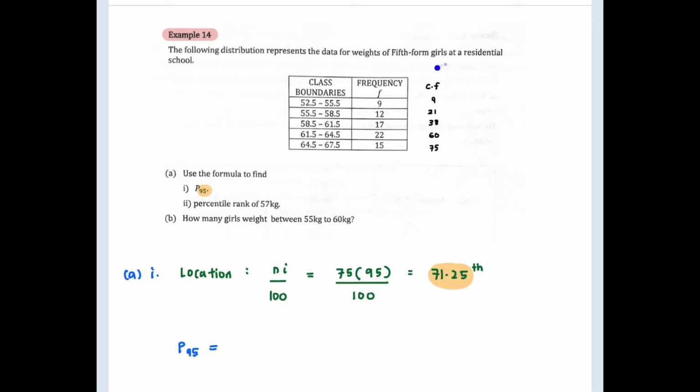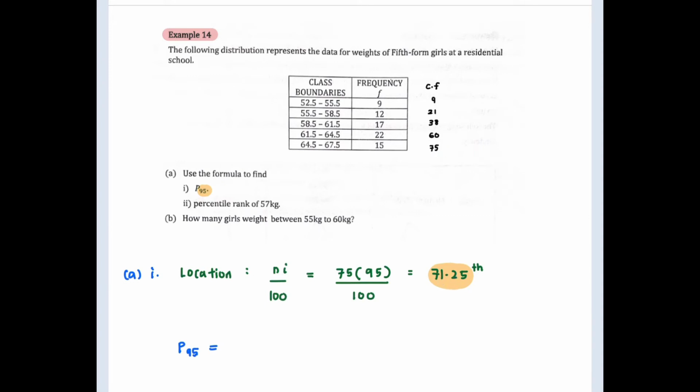Before you substitute the values into the formula, you have to find where your percentile class is. Look at the cumulative frequency column. Where does the data 71.25 fall? The first row has 9 only. The second row, 21, which is not up to 71 yet. Row 3 is 38. Row 4 is 60. Row 5 is 75.